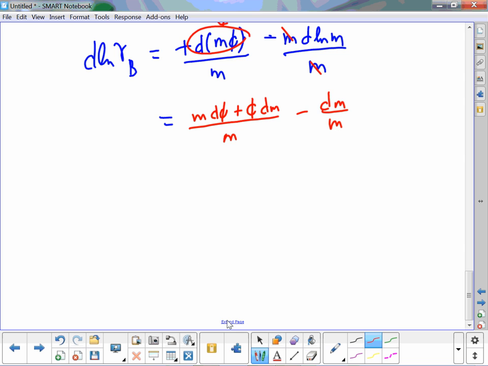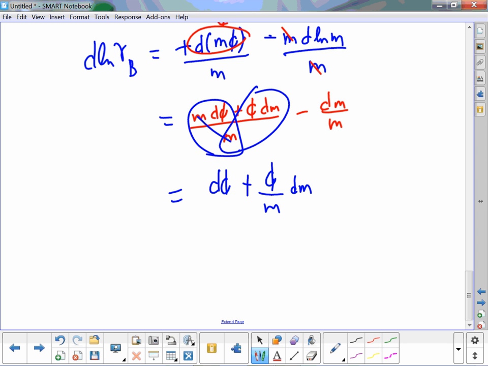What we have here is just your M cancels out over here, so it's just d phi plus phi over M dm, right? It's phi over M dm, this is d phi, minus dm over M. So I can rewrite this as d phi.